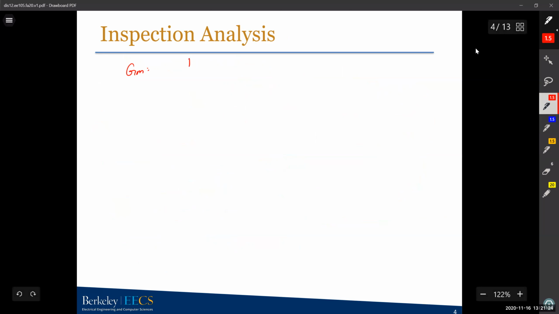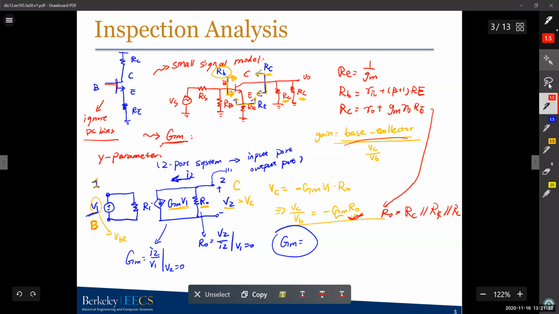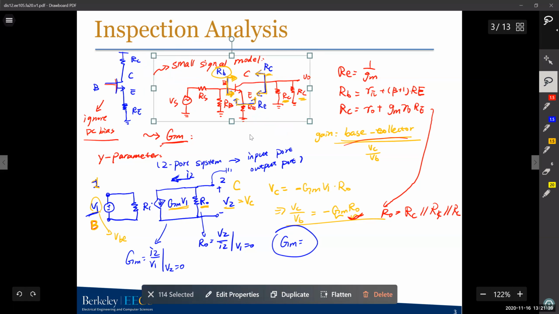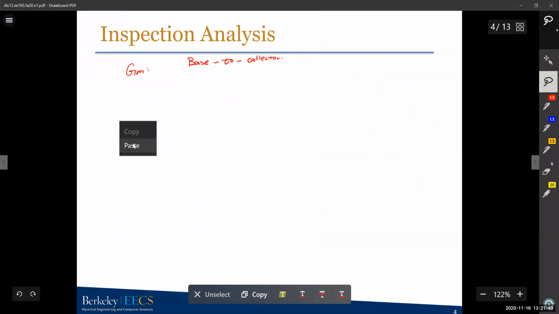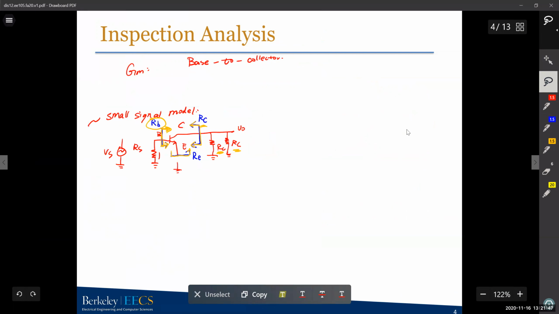So for the GM for base to collector, let me copy this. Okay, let's say this. So base to collector, the GM.